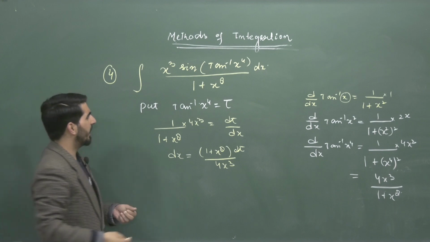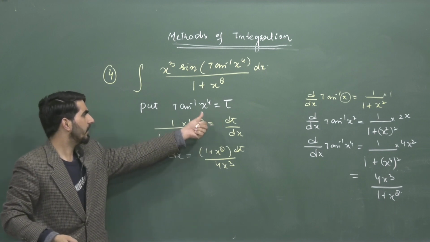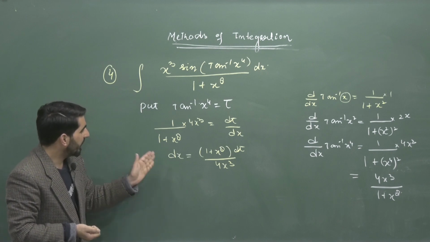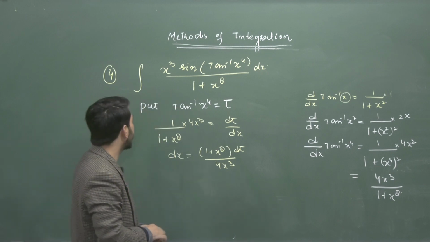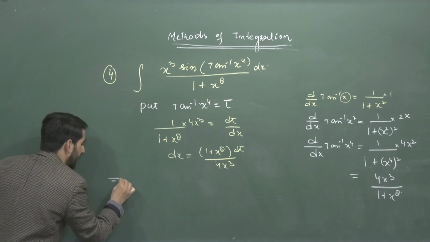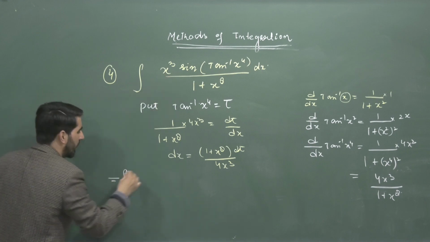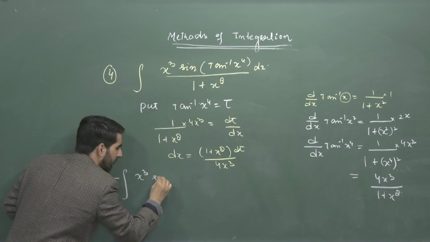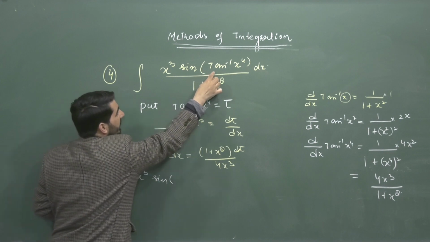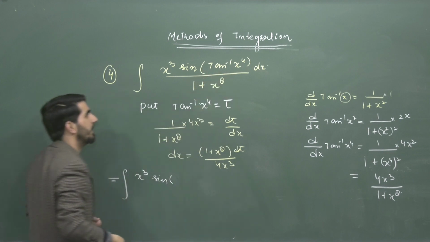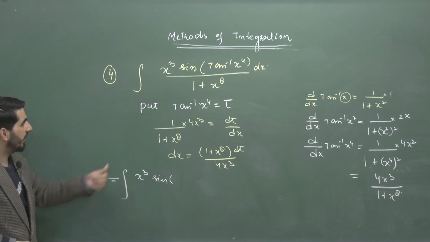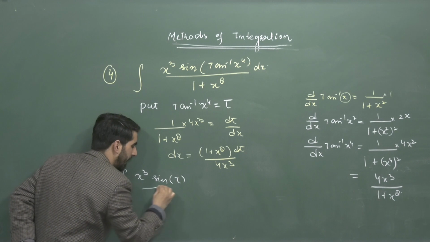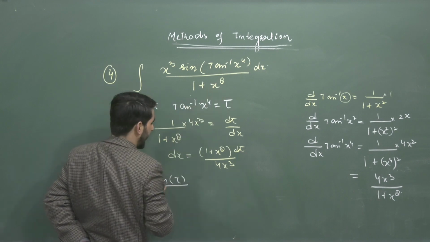So, substituting these values, that is the value of t, the value of tan inverse of x raised to power 4 and the value of dx in the original equation, what will we get? So, integration will be integral of, this is x cube. First of all, we will write here x cube and sin here, and here is the tan inverse of x raised to power 4. Instead of tan inverse of x raised to power 4 here, I will write here t and divided by 1 plus x raised to power 8.